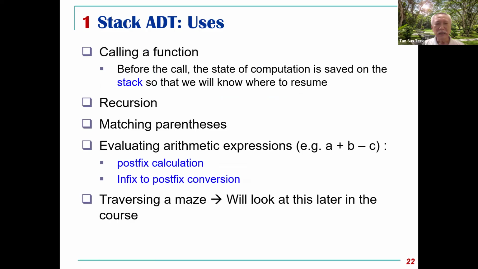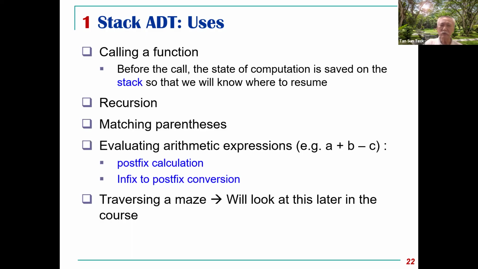Right, so the stack can be used to do what? When you call a function, the idea is you write a main program, and every time the main program calls a method, you have to pass control into the method to run the operations inside the method. And when it is done, you have to go back to the calling program and continue the execution following the method call.